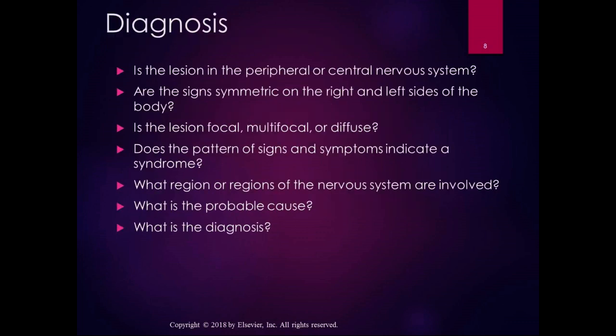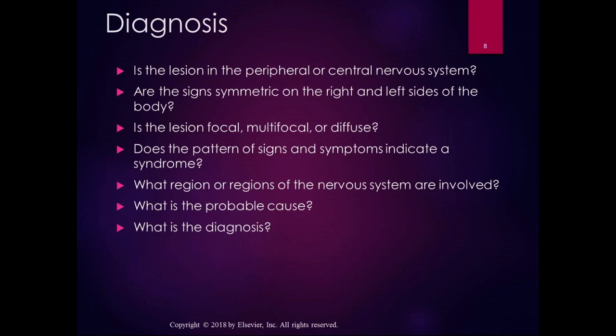So in the diagnosis, they are trying to determine several things. One of them is whether the lesion is in the peripheral or central nervous system. Of course, that's going to affect the plan of care. Are the signs symmetric on the right and left sides of the body? That's certainly going to play into the diagnosis. Is the lesion focal, multifocal, or diffuse?